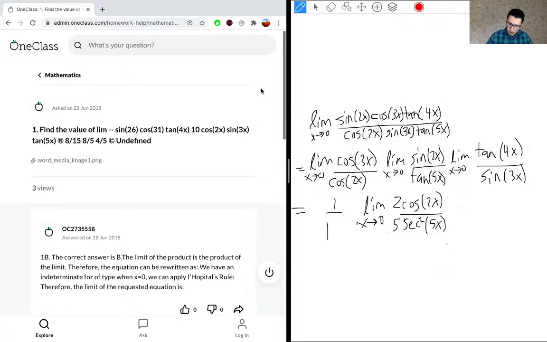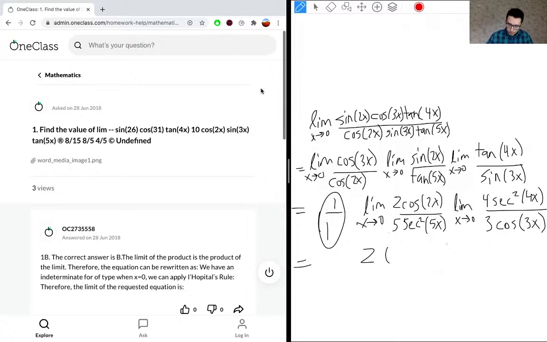And then finally, we do L'Hopital's rule again. So we have the limit as x goes to 0. The top is 4 secant squared 4x over the derivative of sine 3x, which is just 3 cos 3x. So now when we evaluate, the first component is just 1, and then the second component, 2 times cos 0, which is just 1, over 5 times secant squared 0.